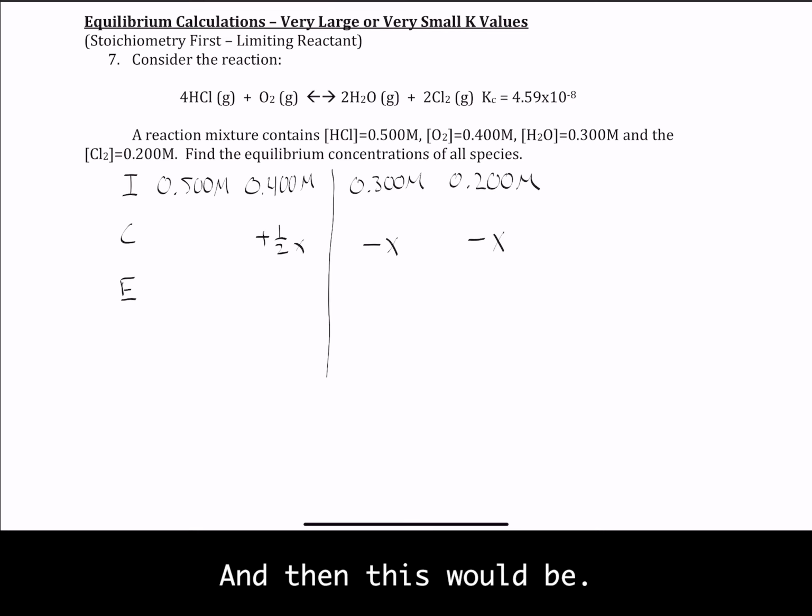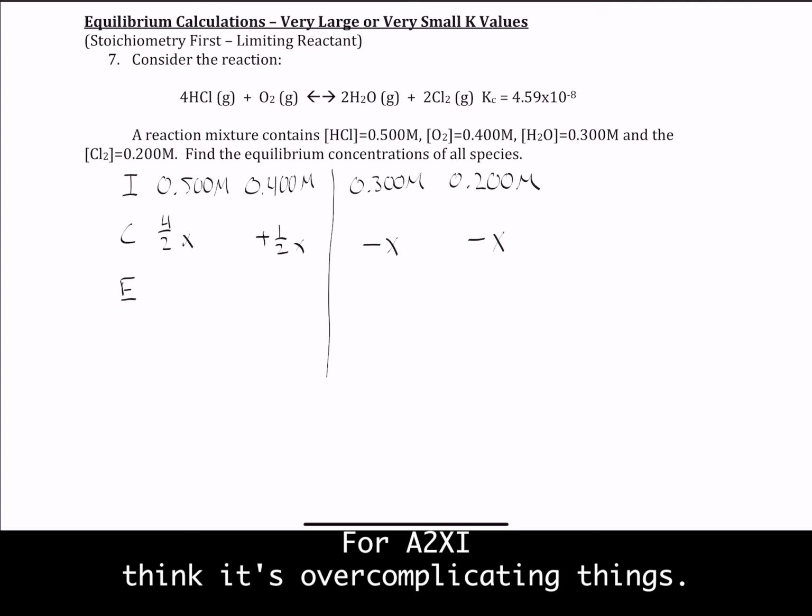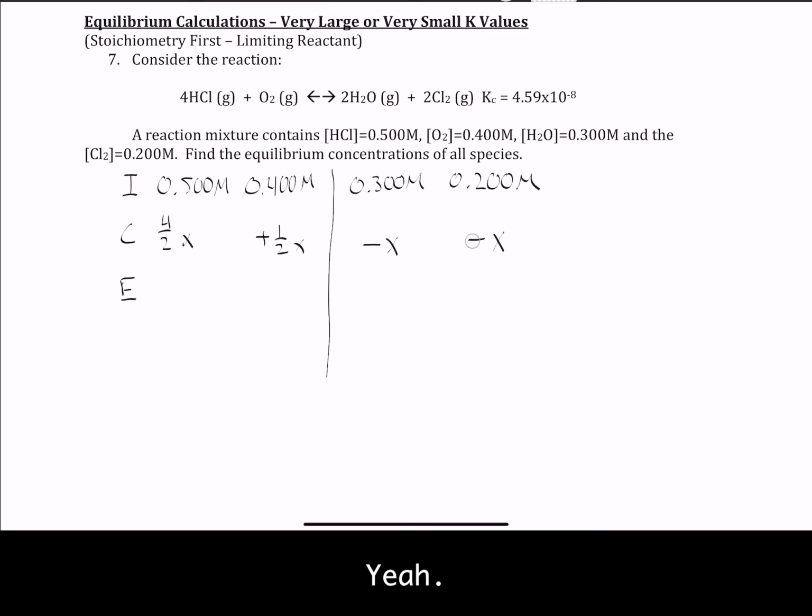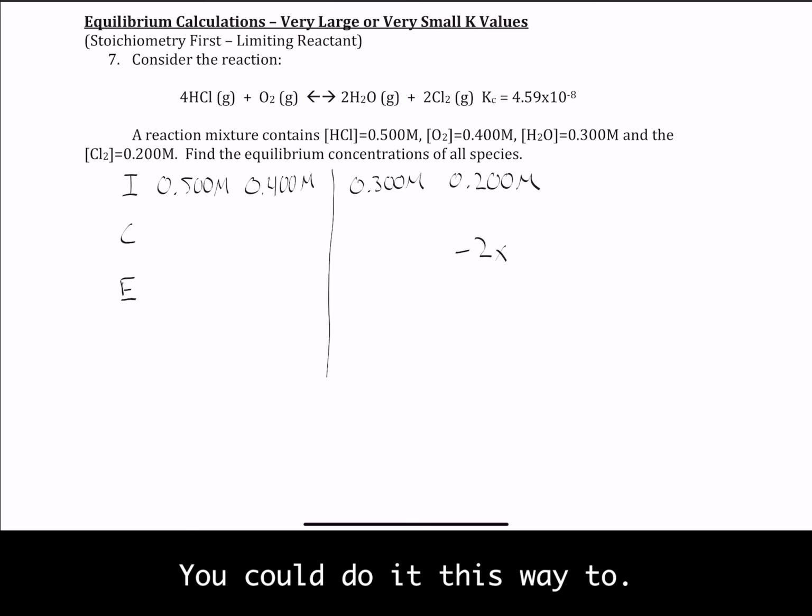And then this would be 4 over 2x. I think it's overcomplicating things. But I just want you to know, when you see Alex do it that way, you could do it this way too.